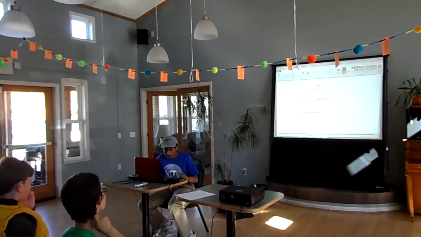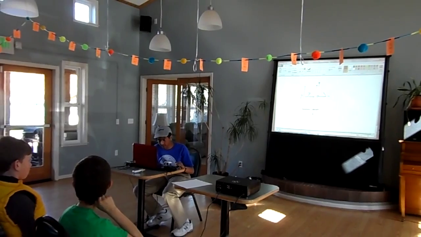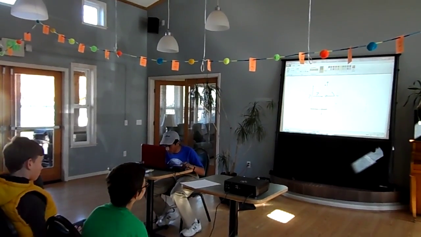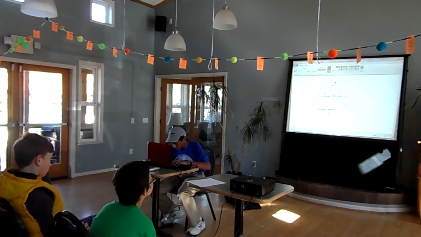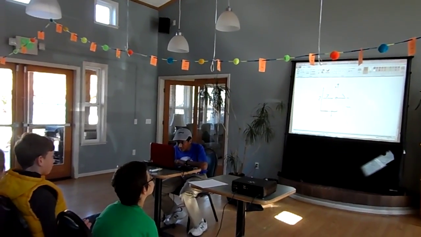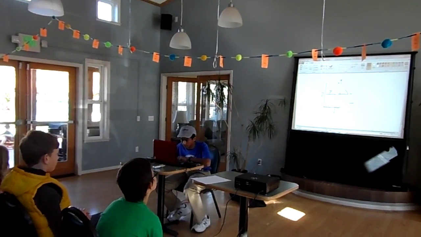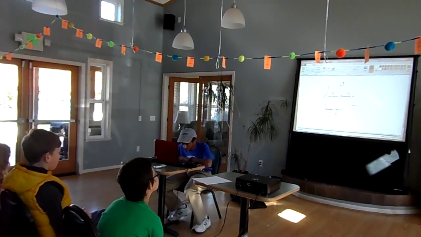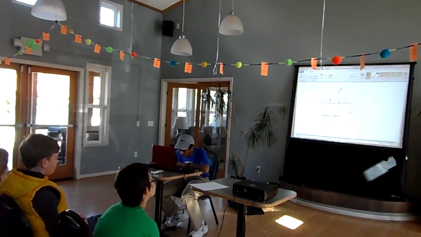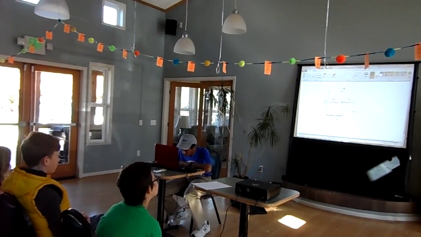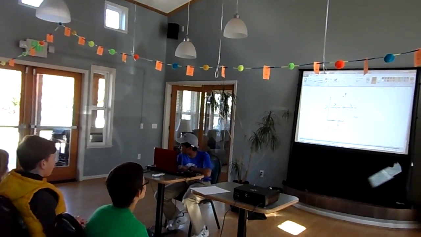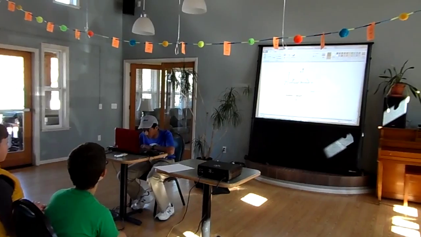Even though f of x at 3 is 9, the limit as x approaches 3 is still 7, because as x approaches 3, f of x still approaches 7.